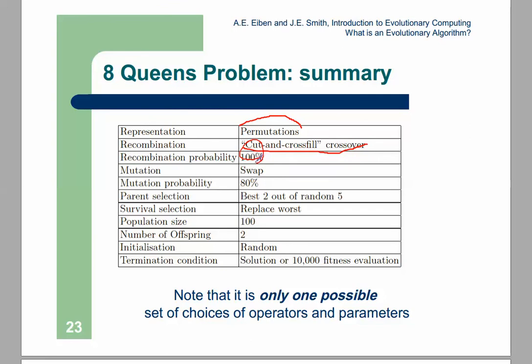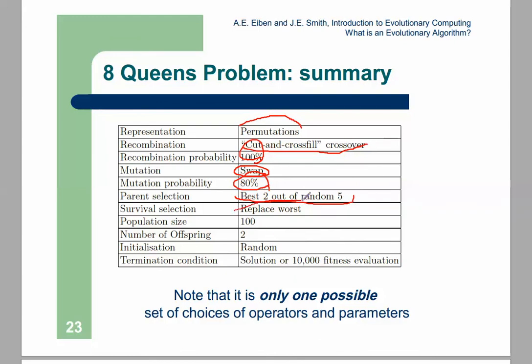Recombination probability is 100% or it occurs every time. Mutation is swap and it is almost all of the time, it is 80% of the time. Parent selection is best 2 of random 5.